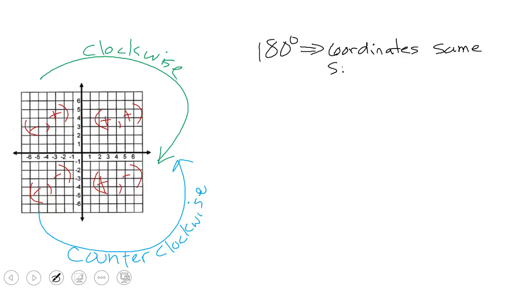Now the signs of those coordinates are opposite, just like we talked about when we went from opposite corner to opposite corner. Think about this: 180 degrees is opposite. We talk about that all the time because we are going to rotate. If we rotate 180 degrees, we go to opposite quadrants.